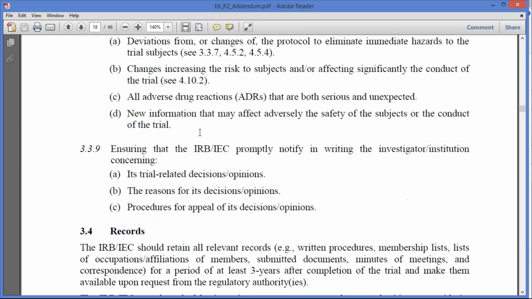Ensuring IRB promptly notifies in writing the investigator concerning its trial-related decisions, opinions, the reasons for its decision, and the procedure for appeal of its decision.